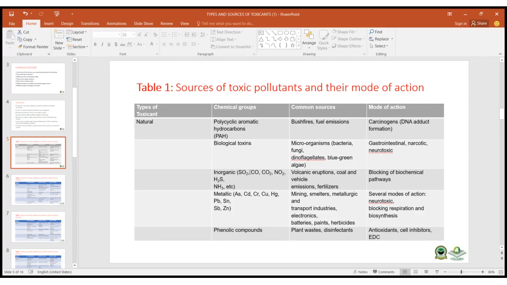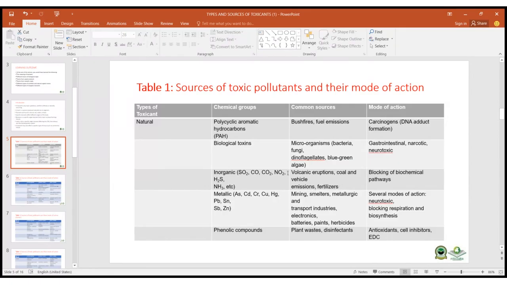You find them in SO2, that is sulfur dioxide, carbon monoxide, CO2, NO2, and H2S, even ammonia, etc. And all these are gaseous substances, and they are released anytime there is a volcanic eruption or burning of coal, or even emission of fumes from vehicles, as well as from fertilizers.